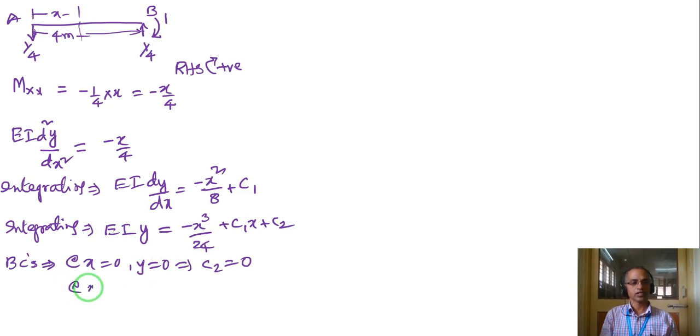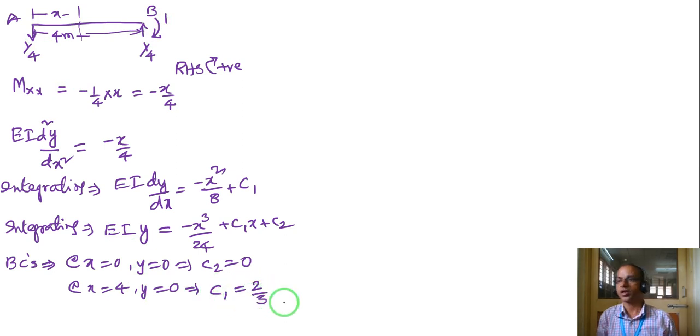Then at x equal to 4 meter, so from here to here, 4 meter means at support B, y becomes 0. That means C1 is equal to 2 by 3. So now I'm getting the y here, substituting this C1, C2 in the equation.